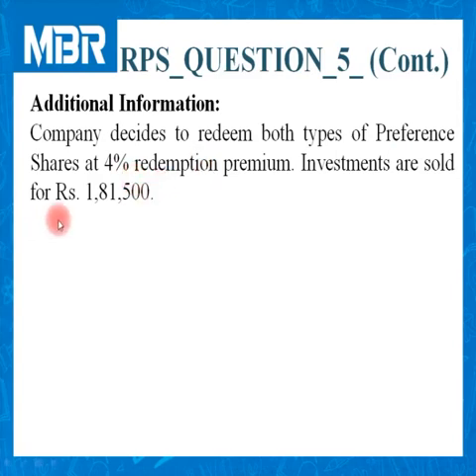So the process of redemption remains the same, and it is common for both types of preference shares, or you can say the process of redemption for both types is moving simultaneously. Investments are sold for rupees 1,81,500.